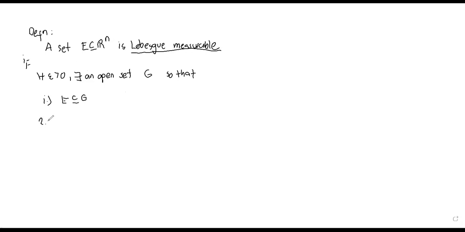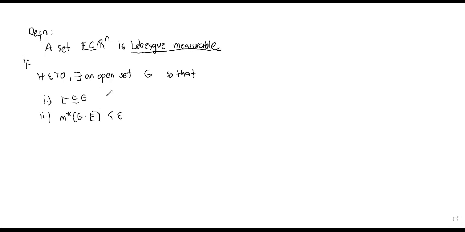And number 2, we should have the Lebesgue outer measure of G minus E is less than epsilon. Okay. So simple lang, no?